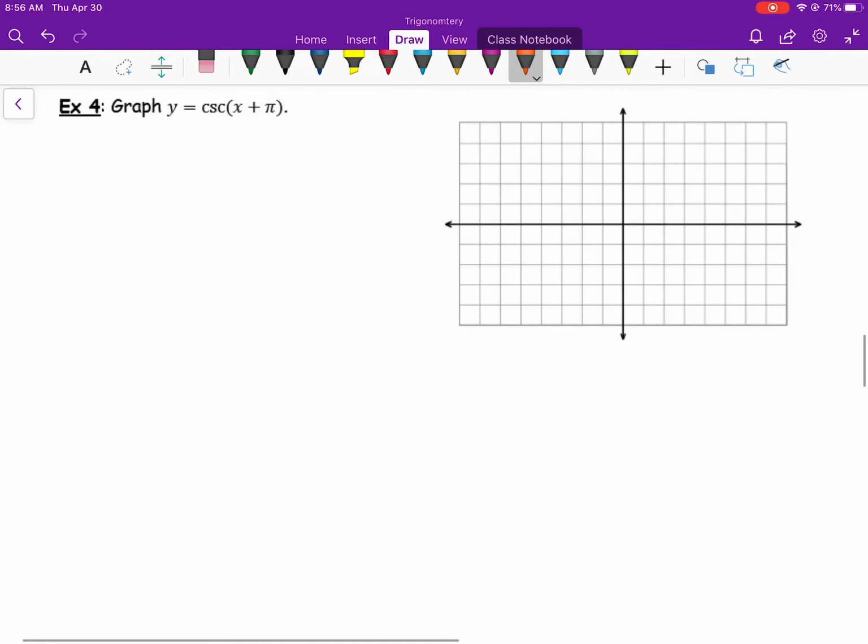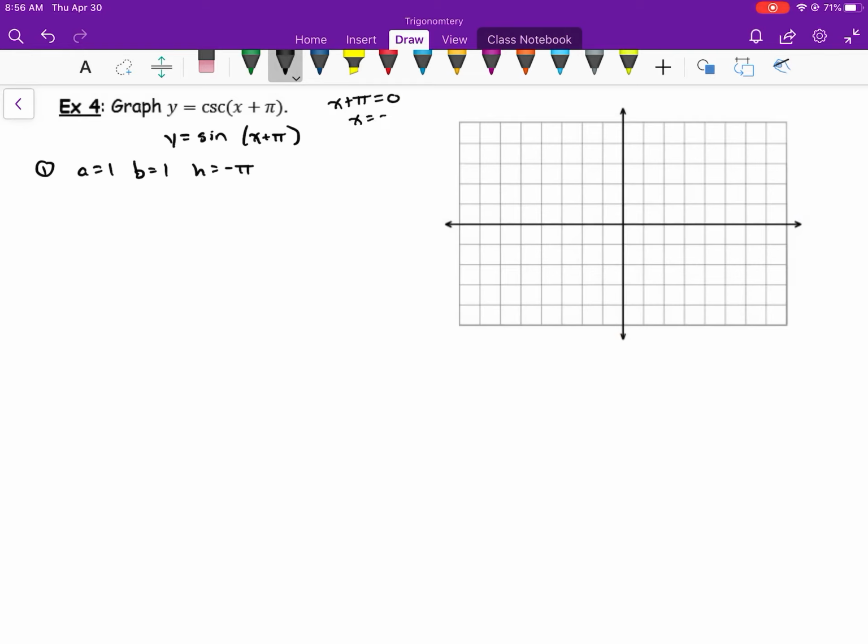Moving on to cosecant of x minus pi. That means I graph y equals sine of x plus pi. So these have our horizontal and vertical shifts now. A is 1, b is 1, h is negative pi. That comes from setting the inside equal to 0, and you get x equals negative pi.